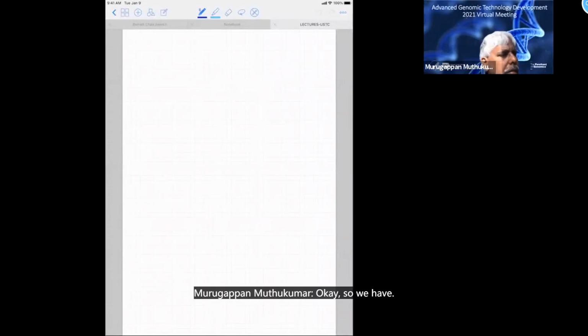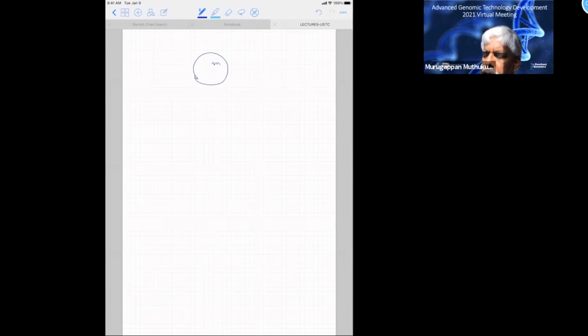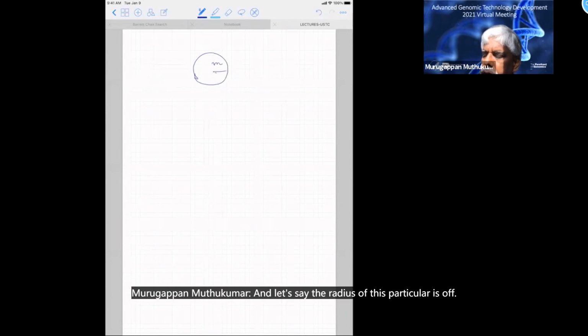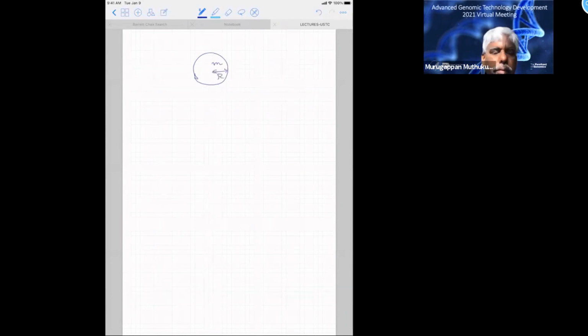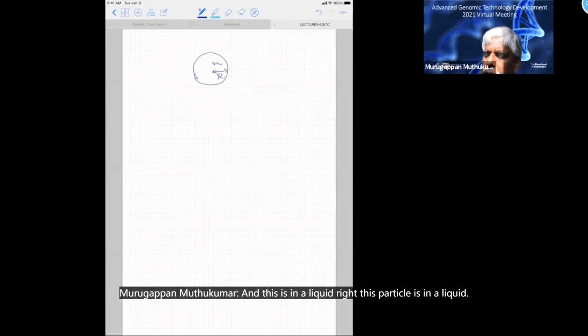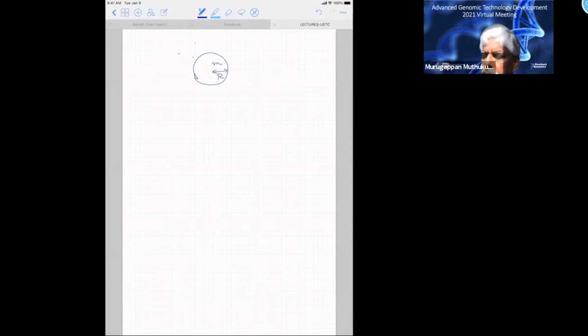Okay. So we consider a particle, a large particle of, say, mass m. And let's say the radius of this particle is r. And this particle is in a liquid with a viscosity eta 0.